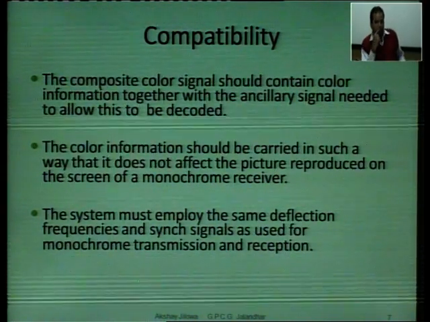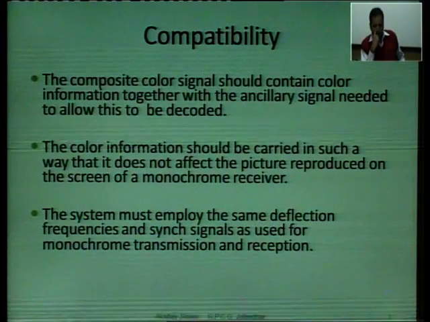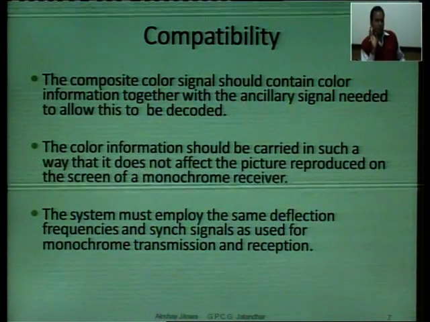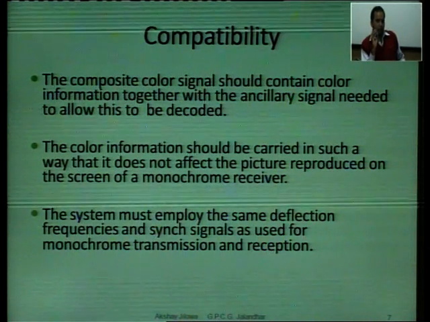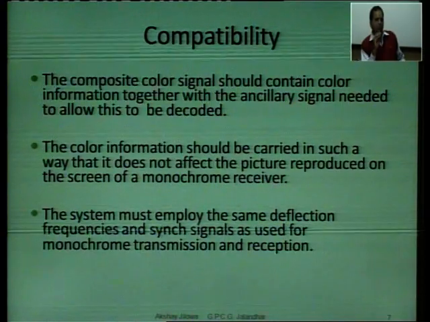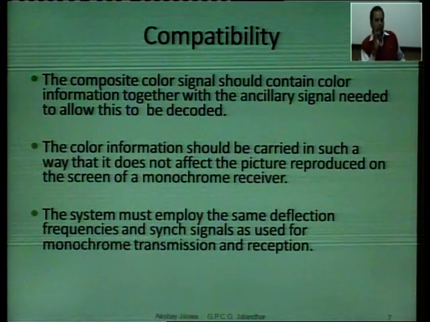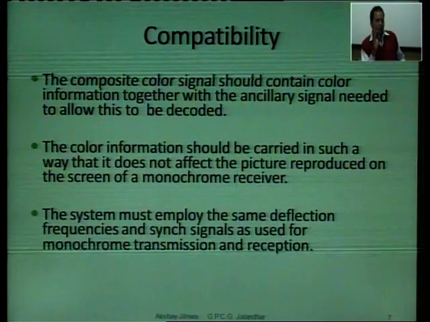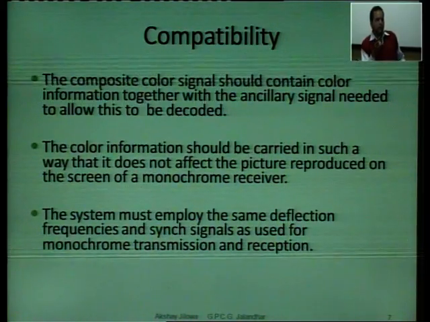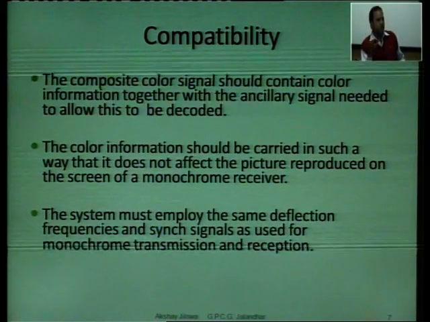Next, the composite color signal should contain color information together with the ancillary signals needed to allow it to be decoded. Now, what is the composite color signal? Composite color signal is a signal which contains color information along with other information. What are the other informations?